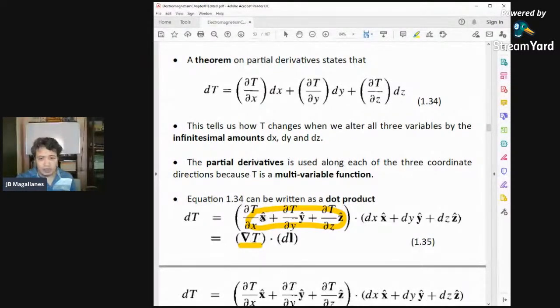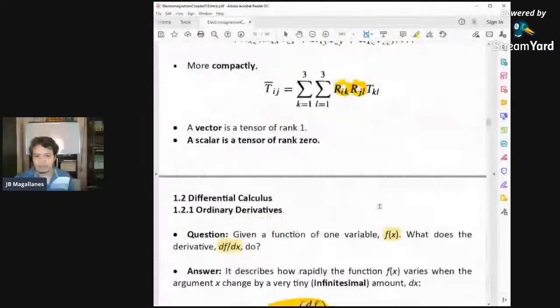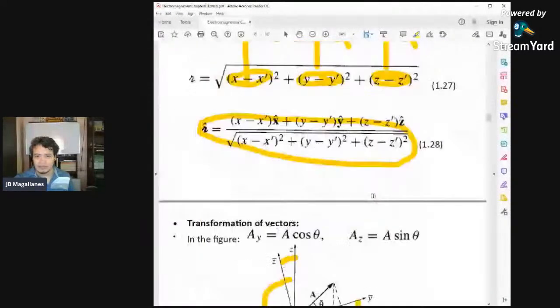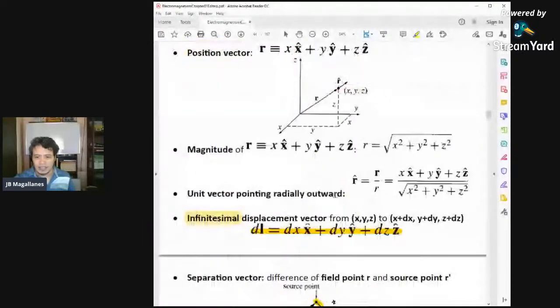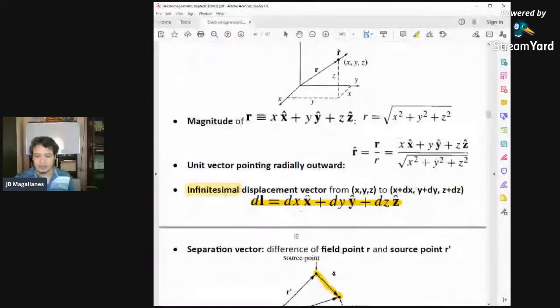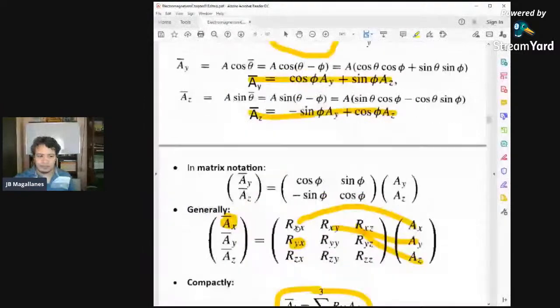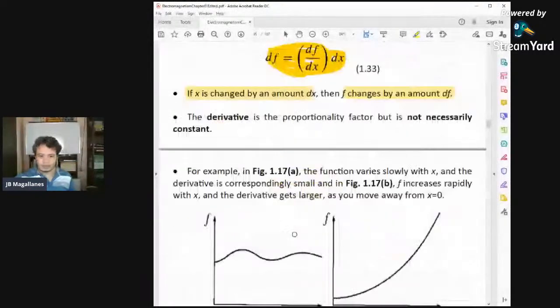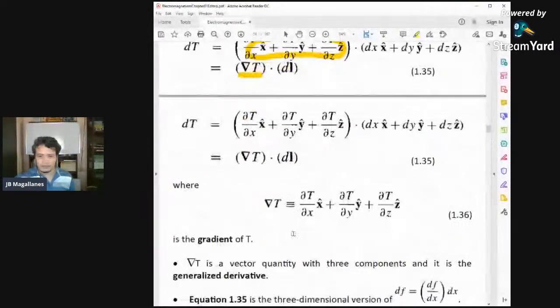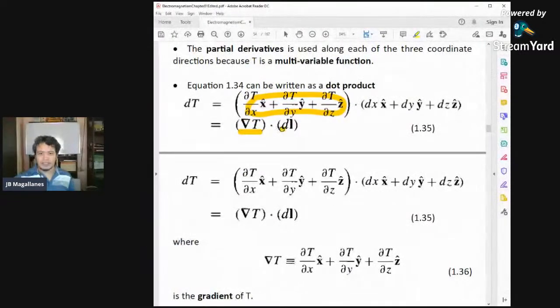It has a direction x hat, y hat, z hat. And then, of course, this is the dl we defined earlier. This is the dl.